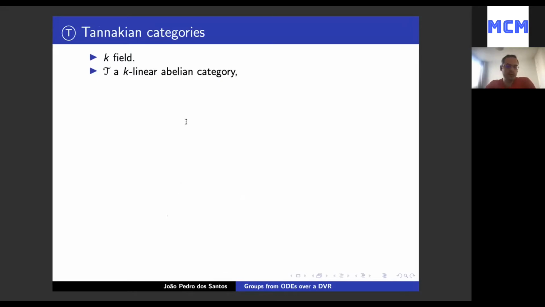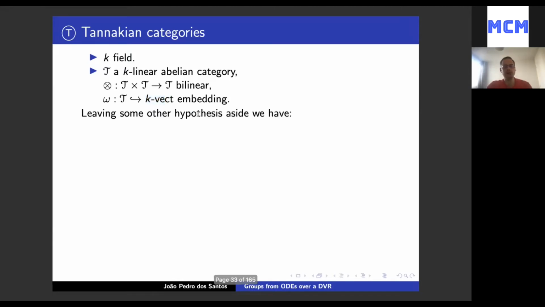This category is supposed to have a tensor product, which is k-bilinear, etc. And this category is supposed to be living inside the category of finite dimensional vector spaces. So here k-Vect is finite dimensional vector spaces, and I have this omega which sends T inside these vector spaces, but of course I want this tensor product to be preserved. I want this to be exact, etc.